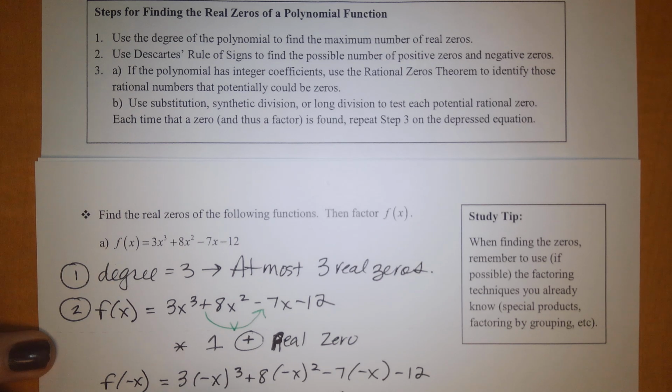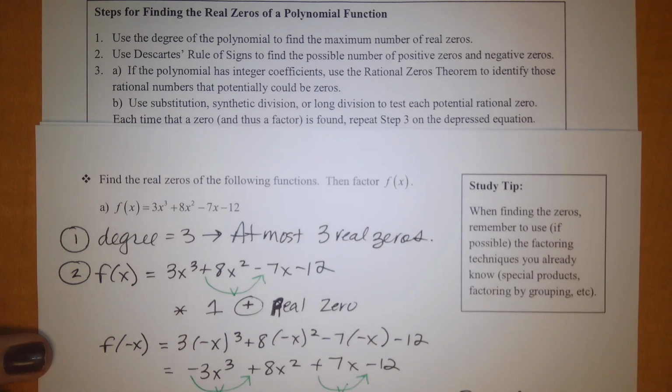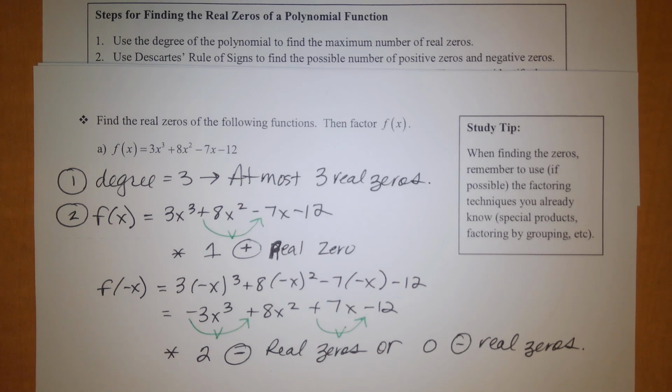Since I have 2 variations, that means I could have up to 2 negative real zeros, or 2 less than that, which is 0 negative real zeros. So again, I had 2 sign variations.